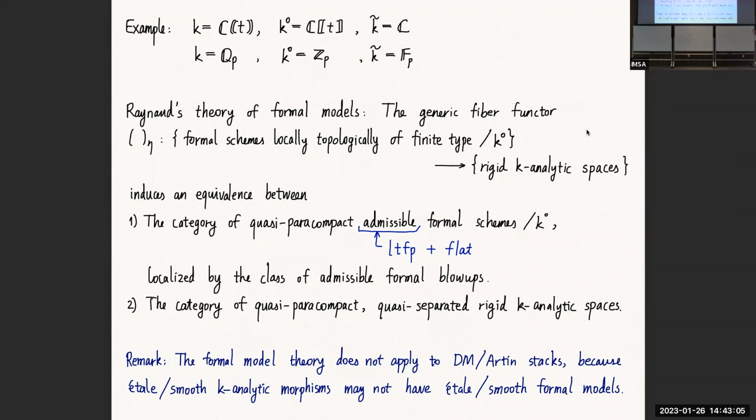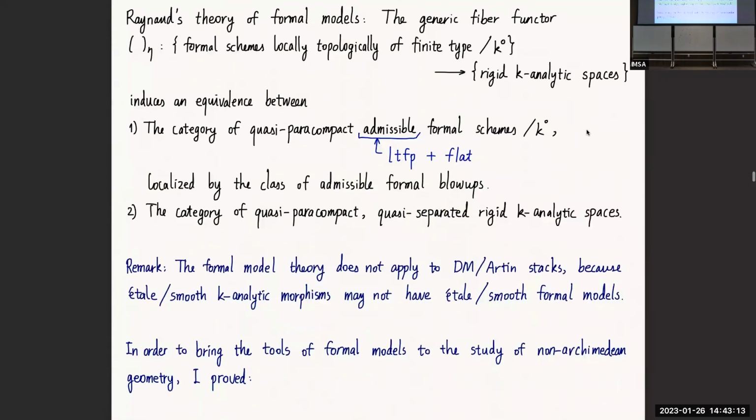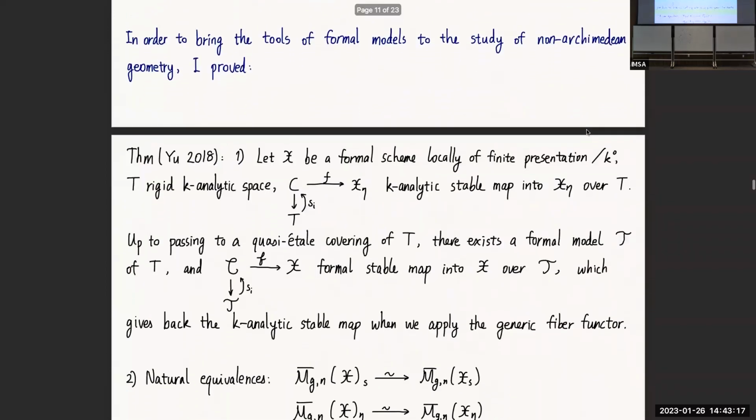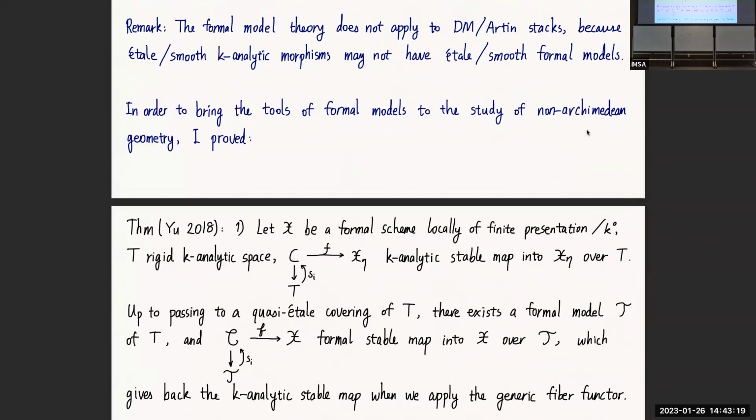So this theory of formal models does not extend to stacks easily. Since it does not extend to stacks, I have to prove this in order to bring the tools of formal models to the study of this non-Archimedean curve counting.